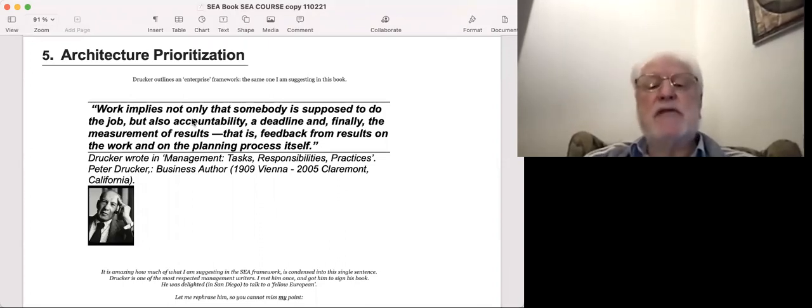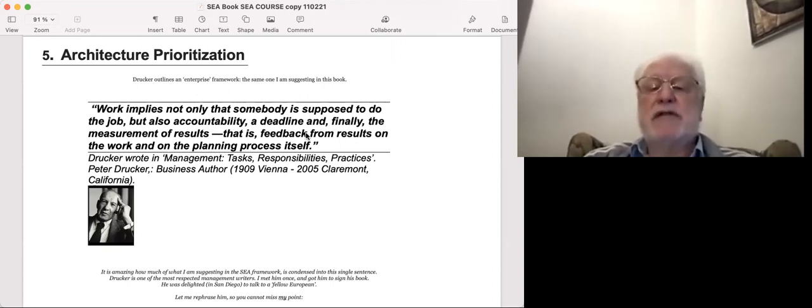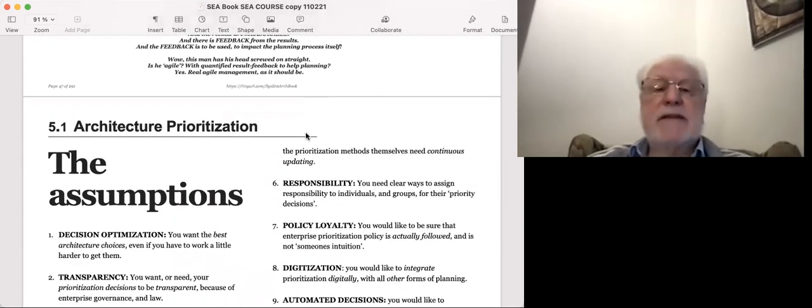That, in my view, is what is missing from most versions of Agile out there. And then feedback from the results, what's really happening as opposed to what you planned to happen, results in modifying the planning process itself. So this is really an excellent description of what Agile should be: result-based feedback and learning. Okay, so I like that.